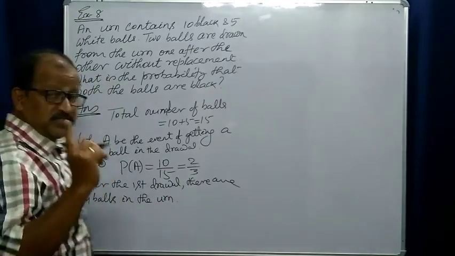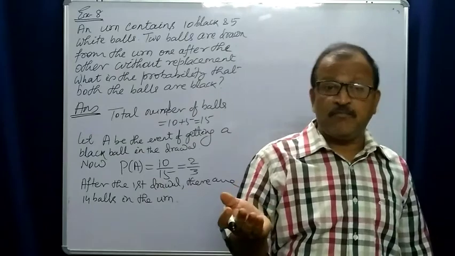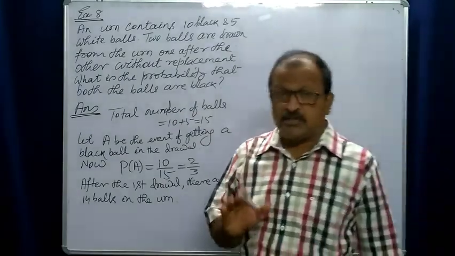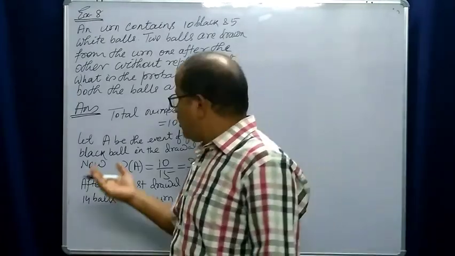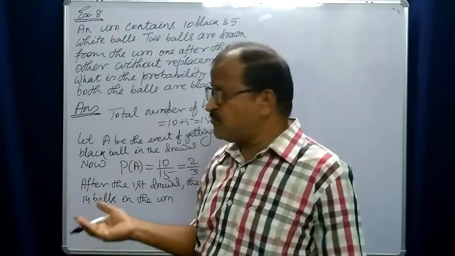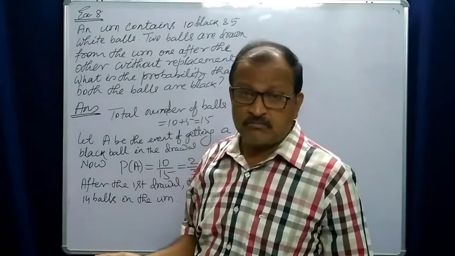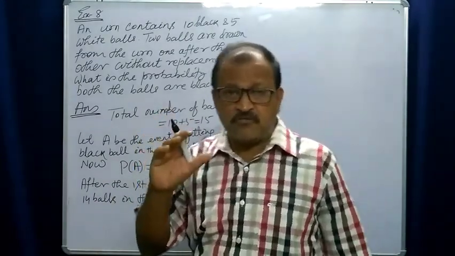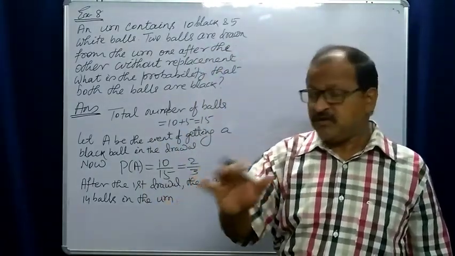If the condition is there, both the balls should be black. So if the first ball is not black, then there is no question of obtaining two black balls, because the first trial is not a black ball. There is a possibility of two black balls only when the first is a black ball, right?